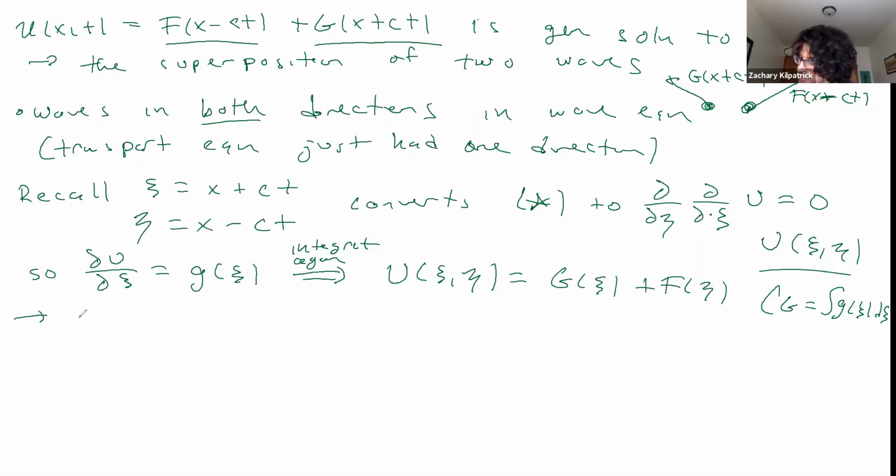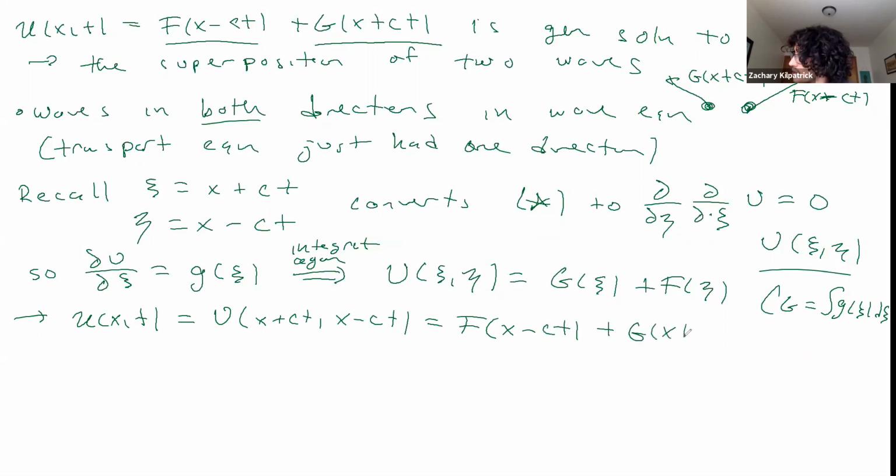So this again is just showing us that indeed we can write u of x, t as capital U of x plus ct, x minus ct, or in other words, just f of x minus ct plus g of x plus ct, okay? So that's our general solution. That's D'Alembert's solution, okay?